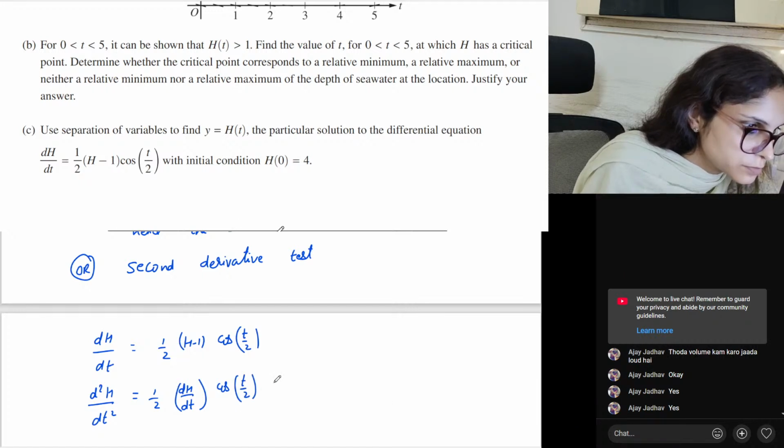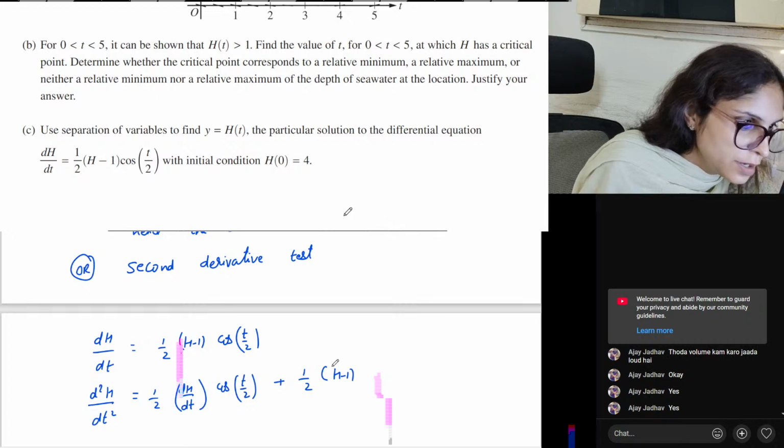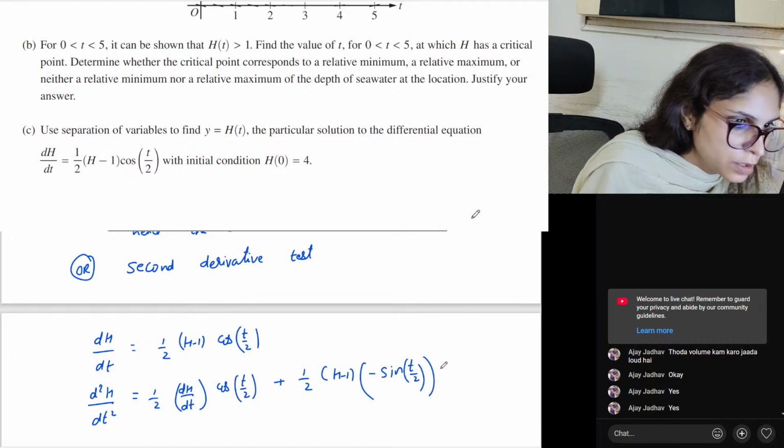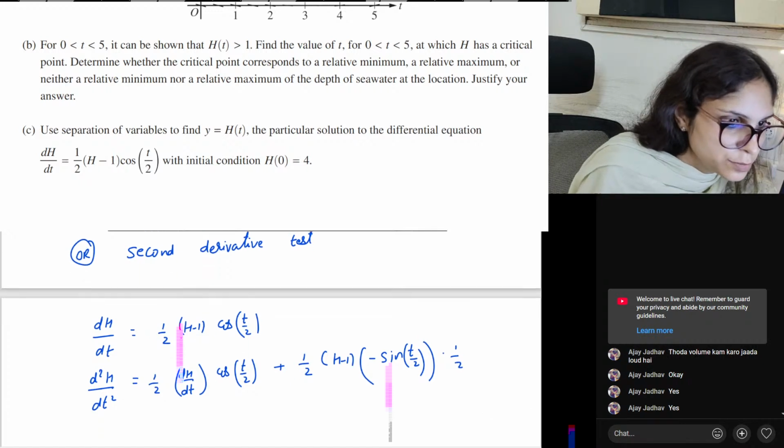Then 1/2 (h minus 1) will remain as it is, and the differentiation of cosine has a negative sign, so it will be negative sine t over 2. And you'll also have to multiply by 1/2 because we are doing the chain rule.